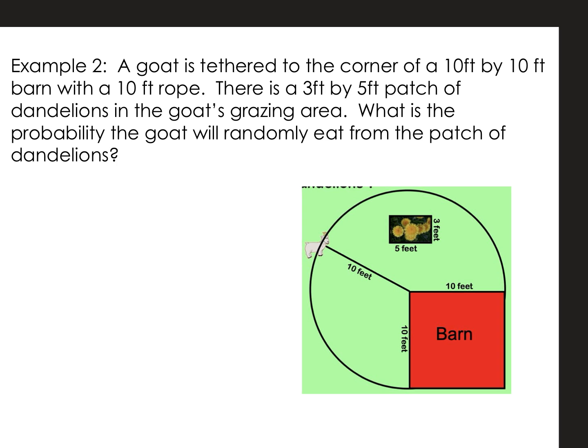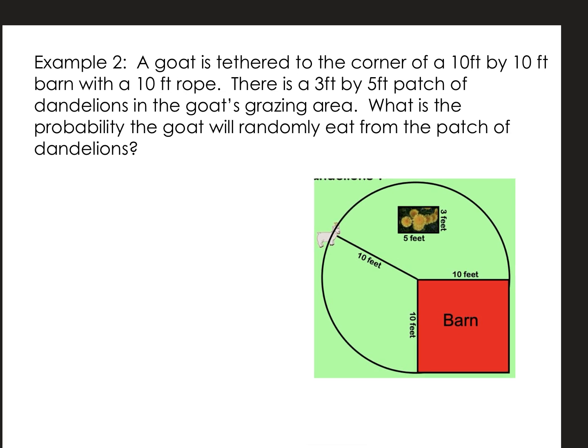I saw this question once, so I'm going to be honest, I did not make it up myself, but I changed the numbers to make it nice and easy to work out. I thought that's a good real world situation. Now, bad part: if goats actually like to eat dandelions, then it totally changes the probability.